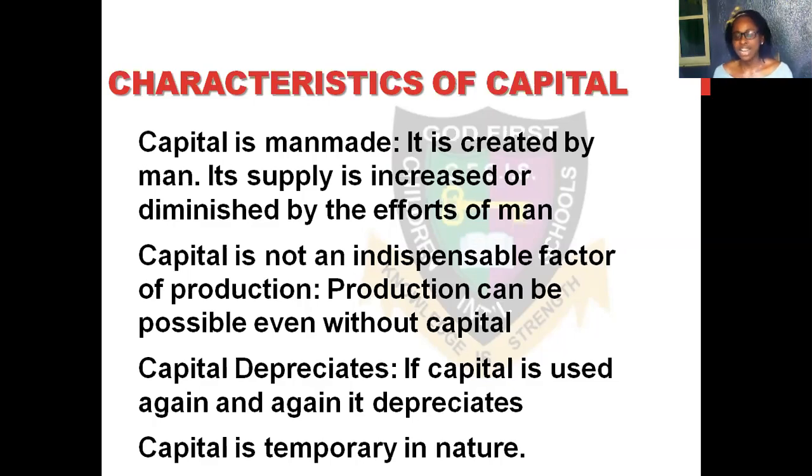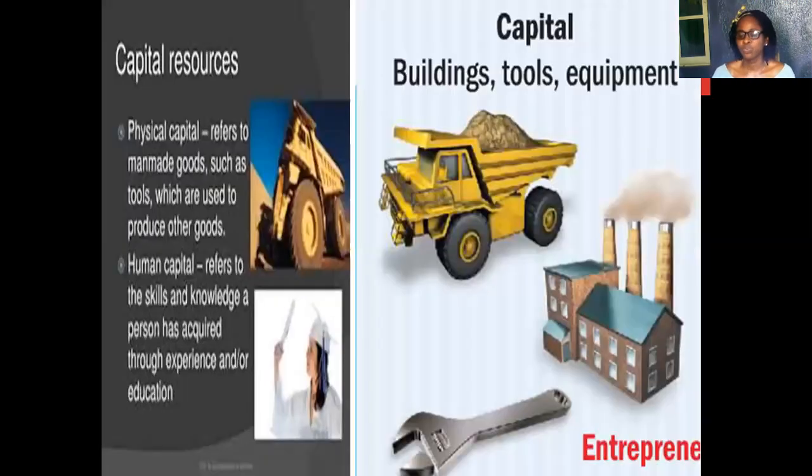So capital depreciates. If capital is used again and again, it depreciates. Capital is temporary in nature. Capital is not permanent. It comes and goes, because it is temporary in nature.